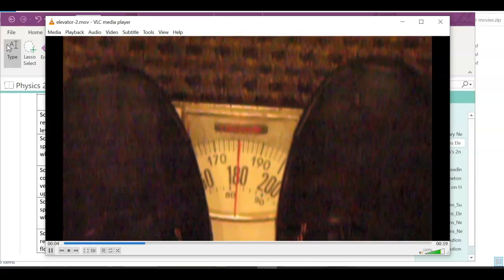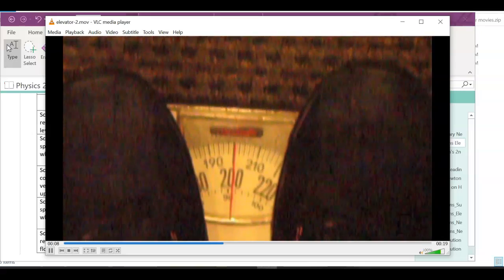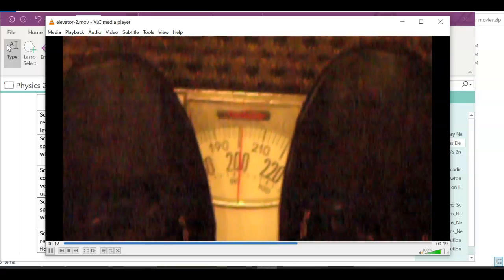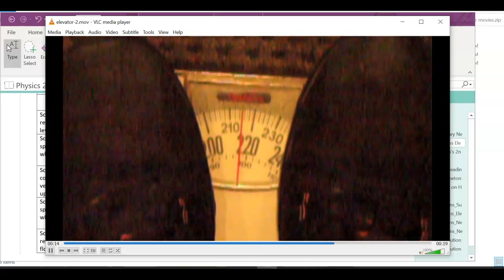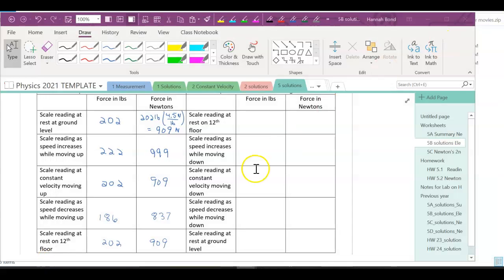Oh, look, his weight went down to 180. Then it comes back to 202. Then it goes up to 216, I think. And then as he got to the first floor, he went back to 202 pounds.